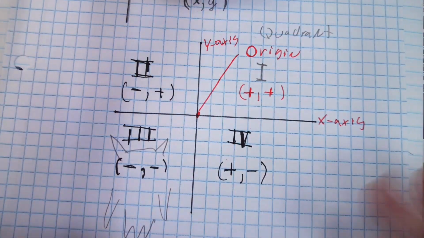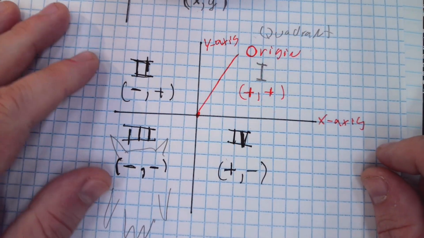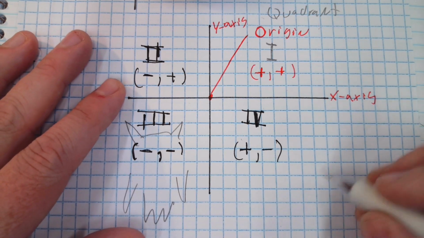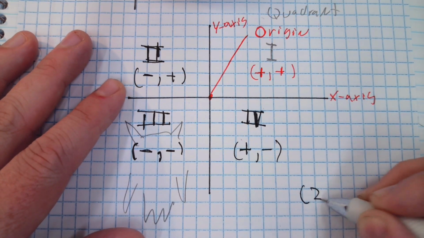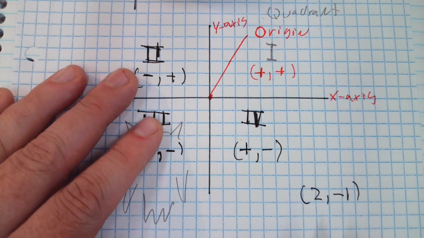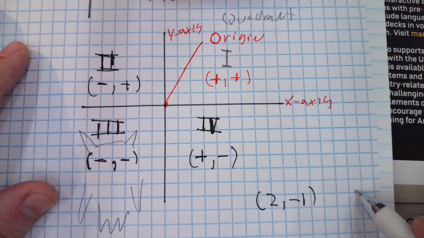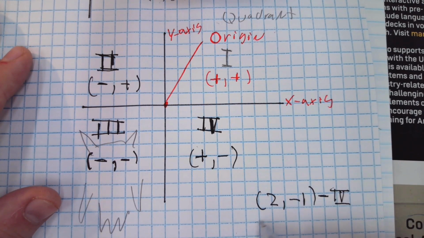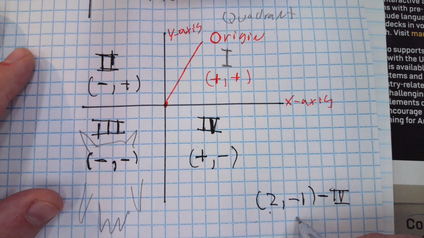Okay, so this is half of what we want to do. So using this, I'm going to write a point, and I want you to tell me which quadrant this point is in. Which quadrant? This is 4? Yeah. And you can tell because I got a positive and a negative, right? Okay, how about this one?